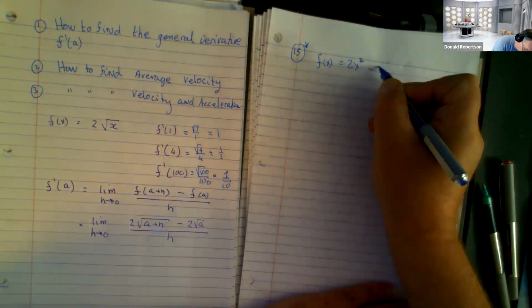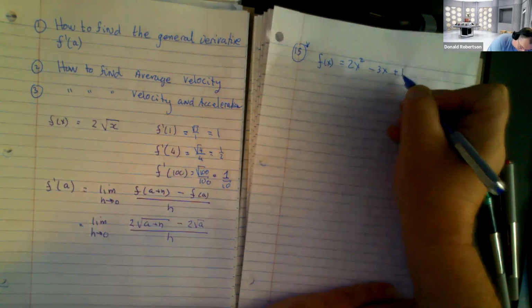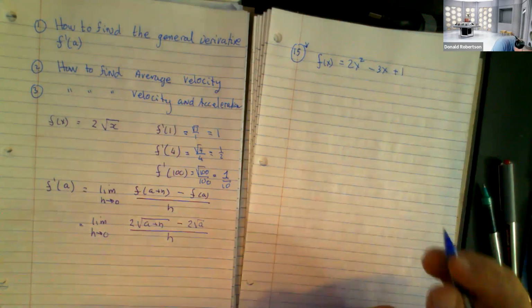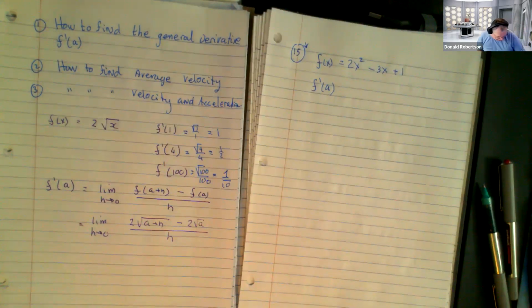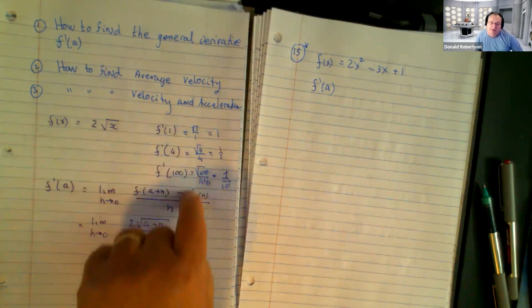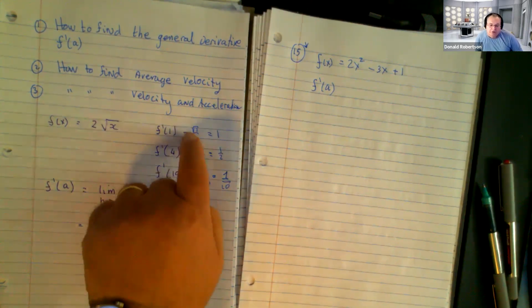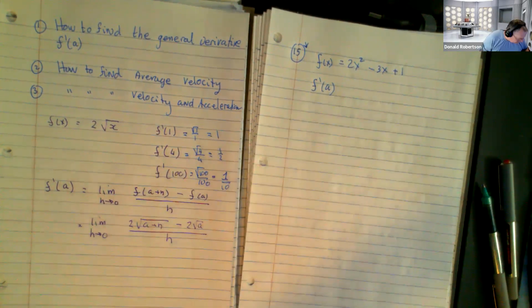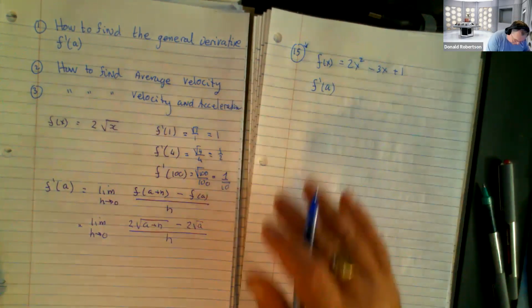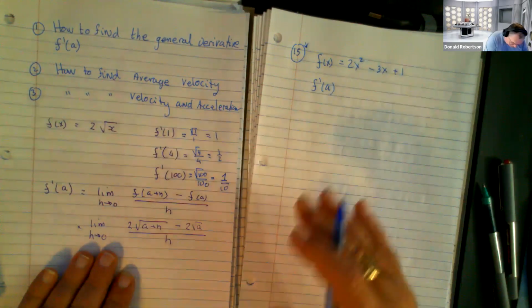So it's 2x squared, take away 3x plus 1. And they only ask you to find that, right? So we're not going to have an extra bit where they find the numbers. I think it would have been nice if they gave you, find this, and find this as well, but they didn't. So that's okay. We get a chance to do that next anyway, so it's not a biggie.